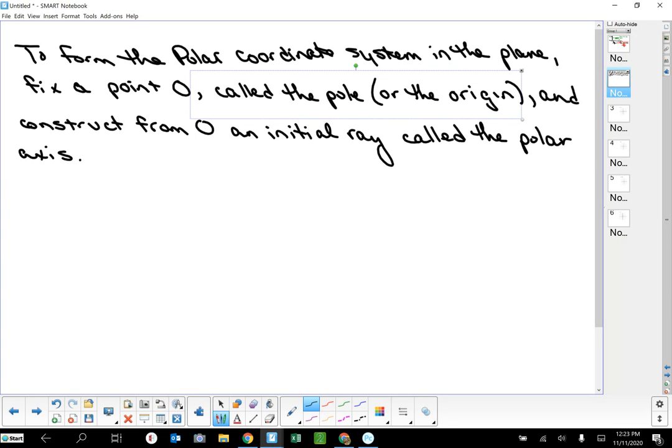Okay, so before we go any further, let me show you what that means. We're fixing a point O. So there's this little point O in the plane. And then we are running an initial ray out of it, and a ray goes on and on forever. That is called the polar axis. And that's all we know so far, okay? More information, though.